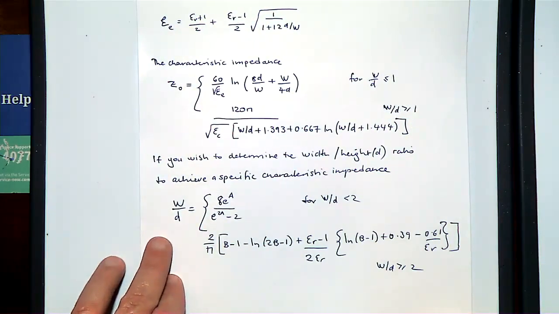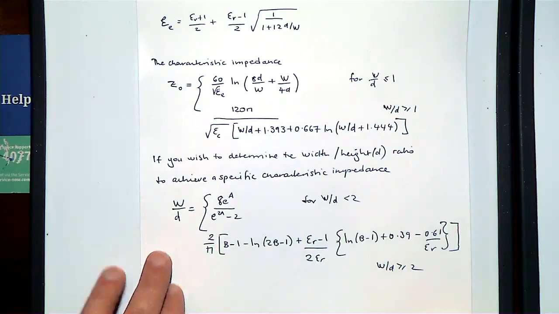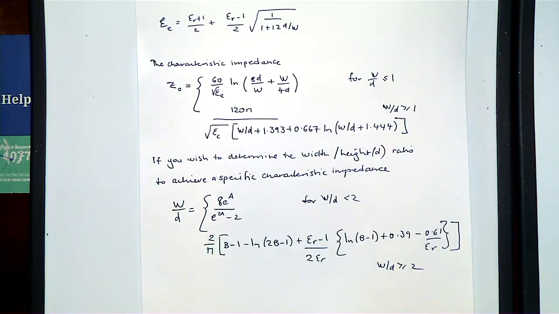And then what I said was, usually in most circumstances what you're asked to do is to design a strip line or a microstrip of a given characteristic impedance. Sometimes you might want to say, given these dimensions, I want to work out what the impedance is.